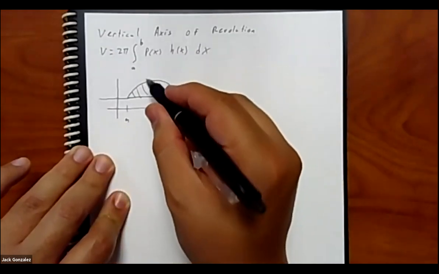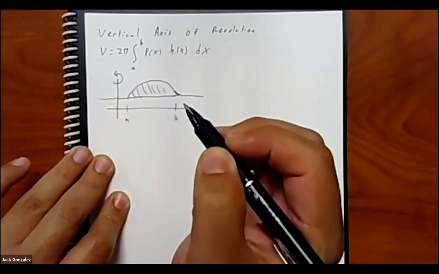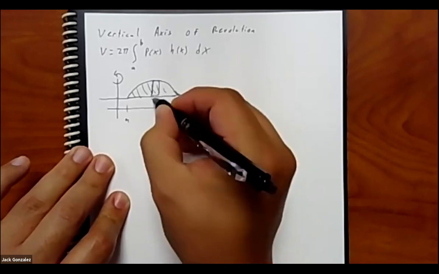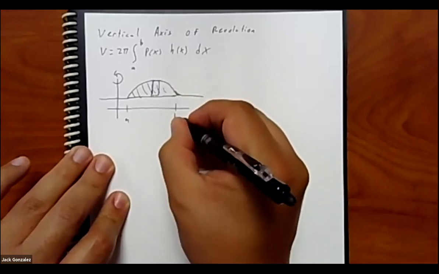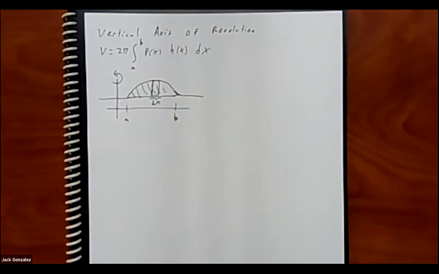So if you rotate on the vertical, then I have to slice parallel, which forces a dx question. You will have to solve for x if you're not already. Okay.